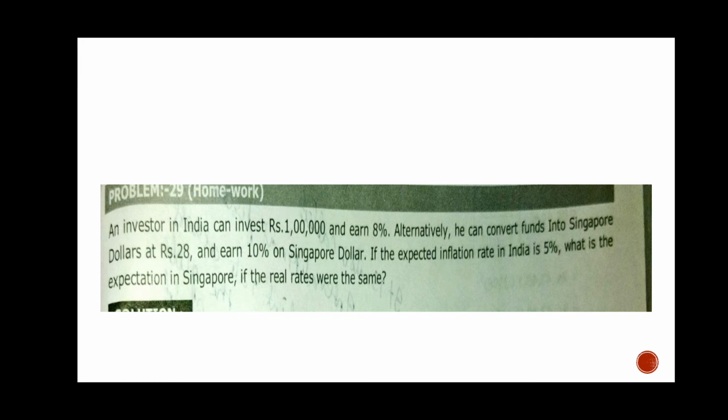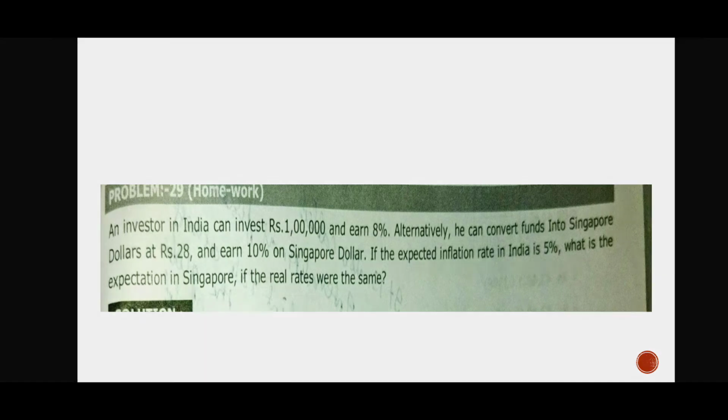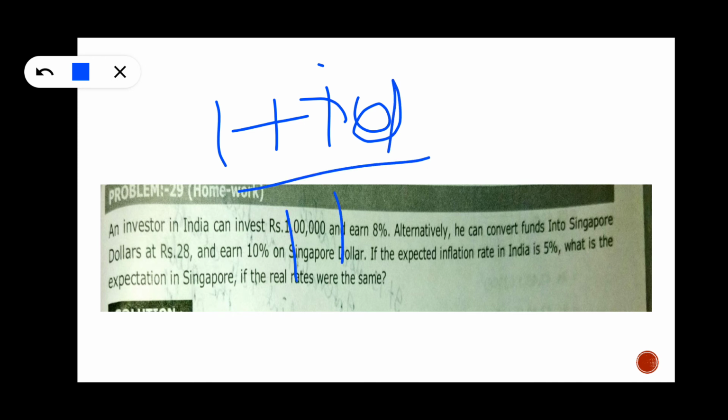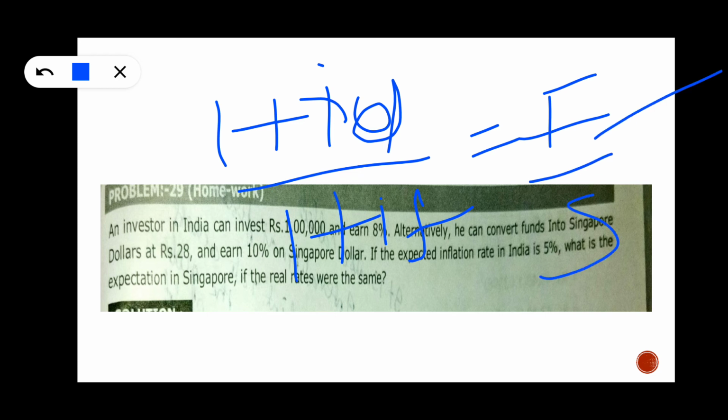For finding the inflation rate, we know the formula is purchasing power parity theorem: (1 plus ID) divided by (1 plus IF) equal to F by S. We are going to get the forward rate from the first step, and the spot rate is in the question, and IF we have to find. ID is 5%. So let us see.